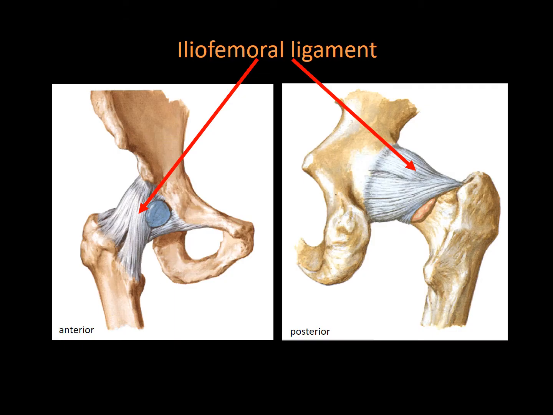So here you can see a little bit more about that iliofemoral ligament, how it runs from the border of the acetabulum over to the femur here and keeps the femoral head in place. There is also a bursa here upon which muscles slide that I will tell you more about in a minute.